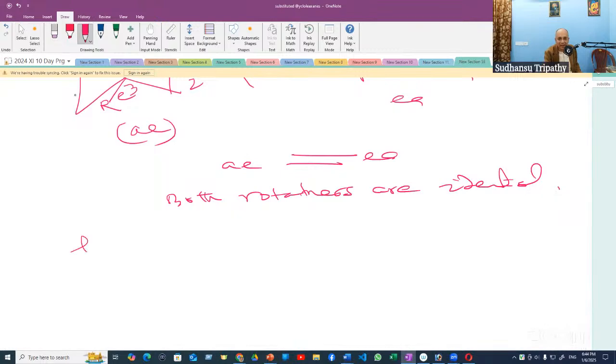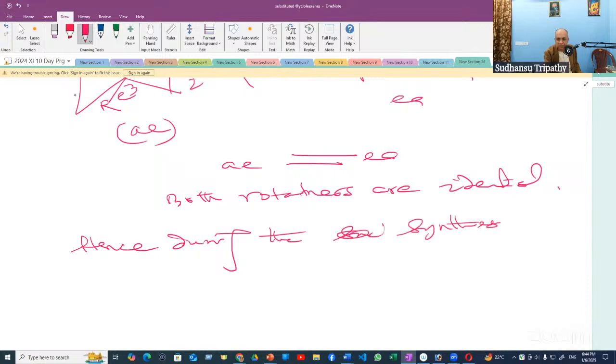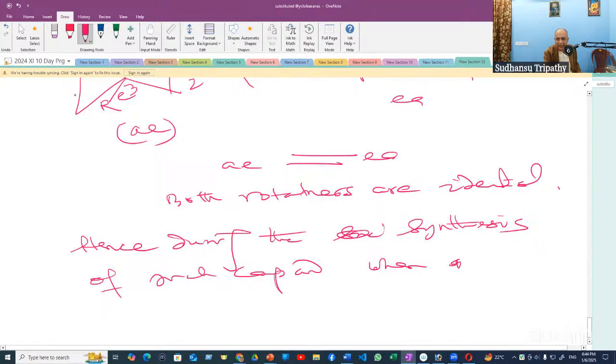Hence, during the synthesis of such a compound, the rotamers are identical and the compound is dissymmetric. That you have to mention.